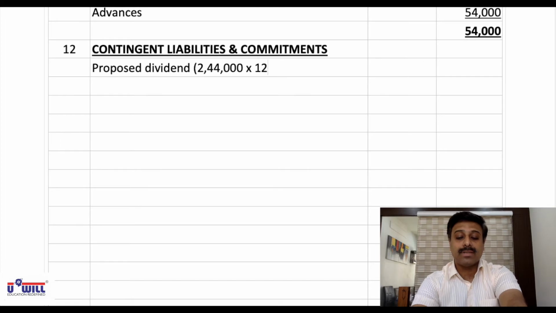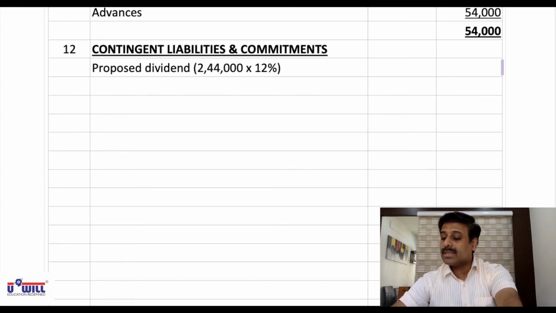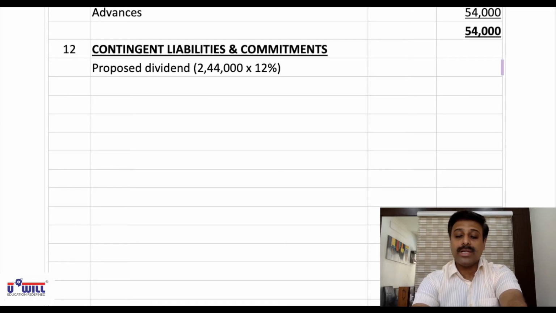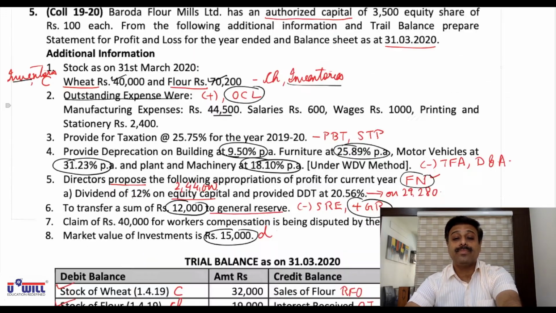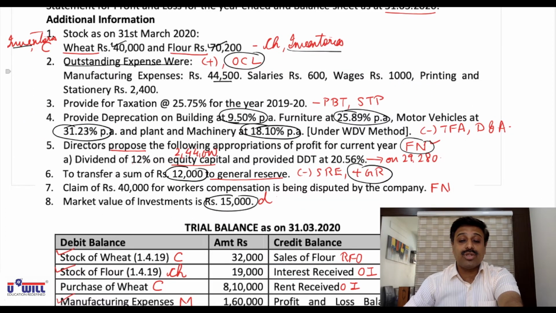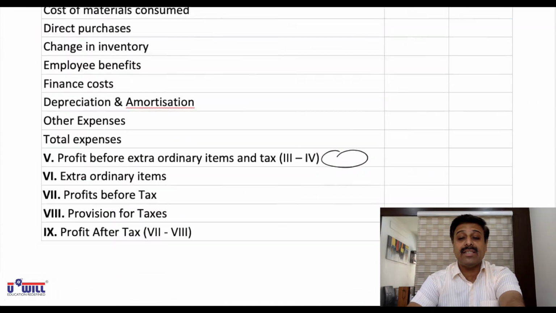into 12%. As we discussed, what is 2,44,000? 12%, 29,280. And then dividend distribution tax, we will count on 29,280 into, what is the rate of dividend distribution tax? 20.56%. That will count on the dividends amount.